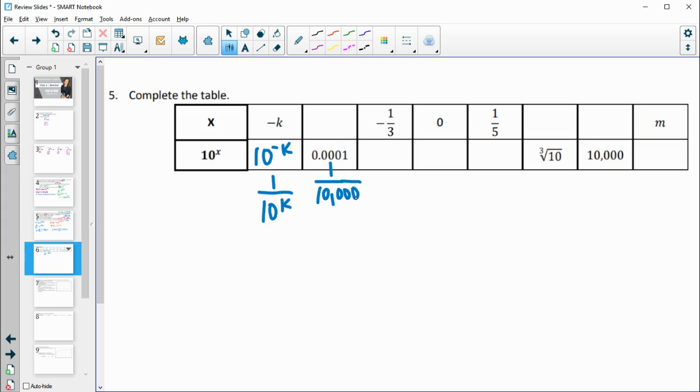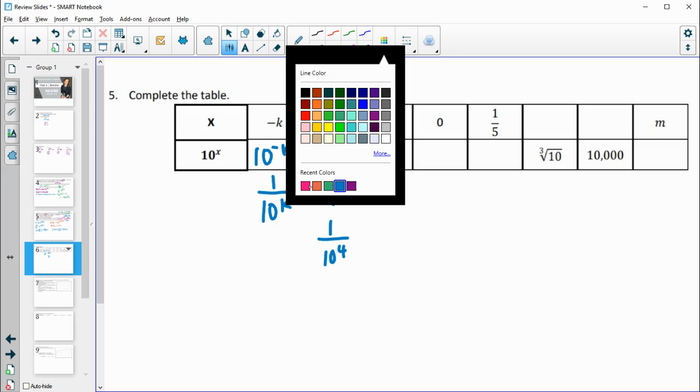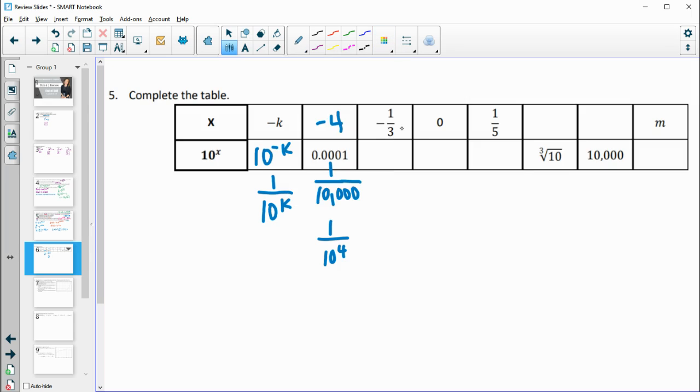And so we can see that this is 1 over 10 to the 4th power. So our exponent here was -4. If our exponent is -1/3, so 10 to the -1/3 power, you could also write that as 1 over 10 to the positive 1/3.